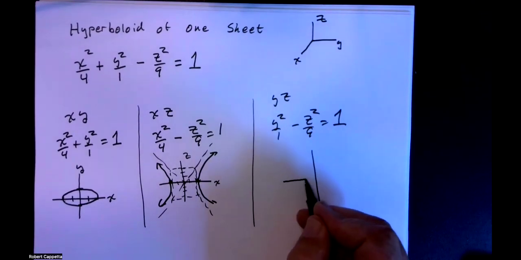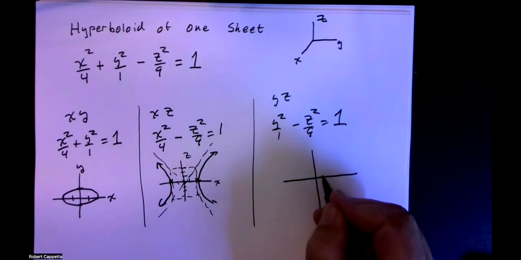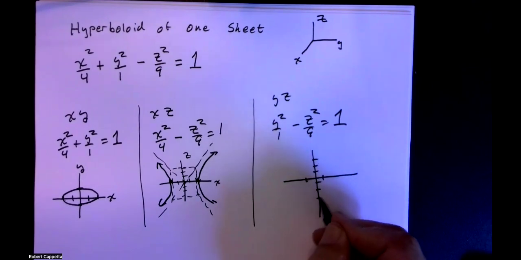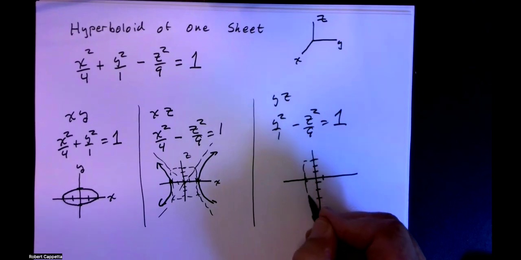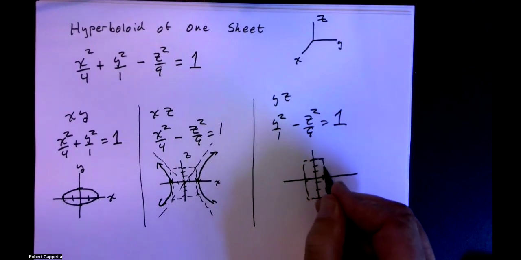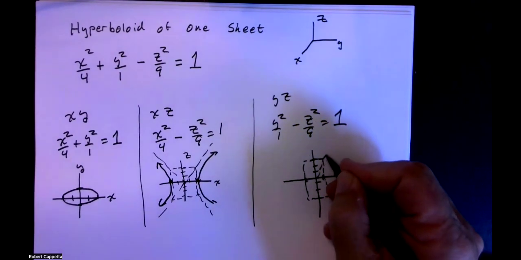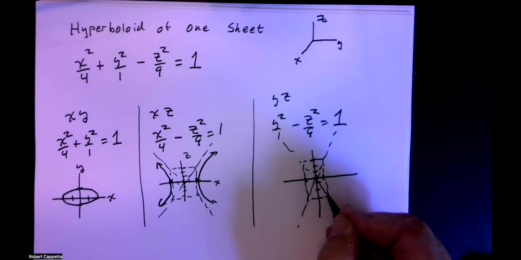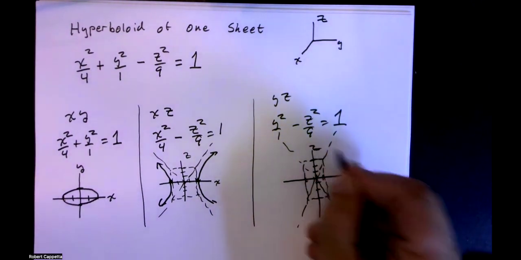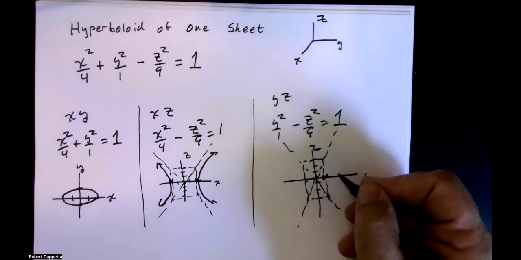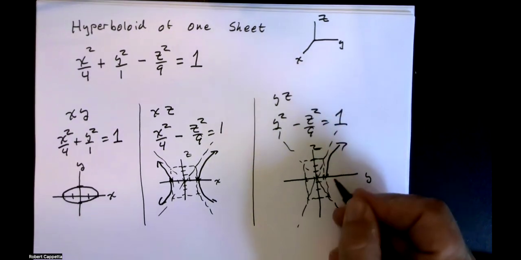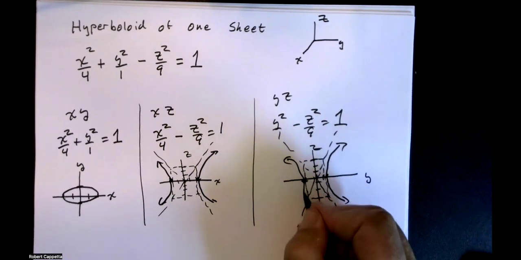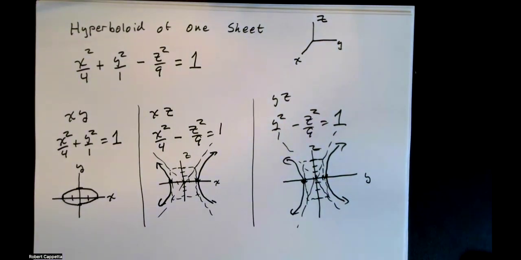Y just goes to 1, z goes to 3. And this is the portion that is going to define my hyperbola. Asymptotes go out to the corners of this little box. Y comes first. Remember, this was the y-axis, this was the z-axis. So this is going to be our front view, is also going to look like a hyperbola. Front view is a hyperbola. Left view is a hyperbola. Top view is an ellipse.